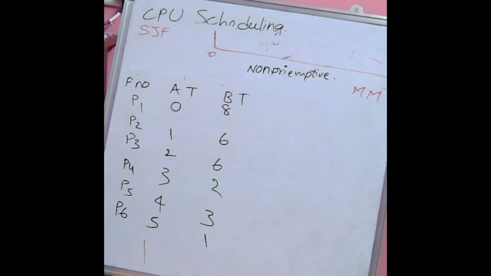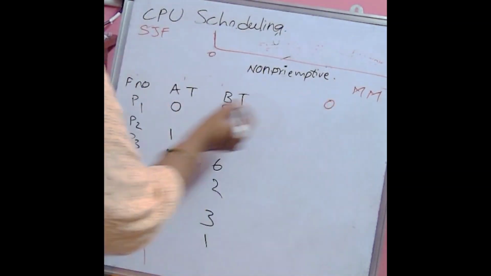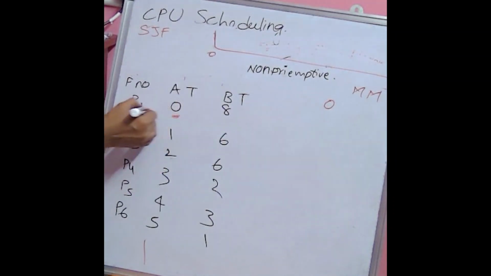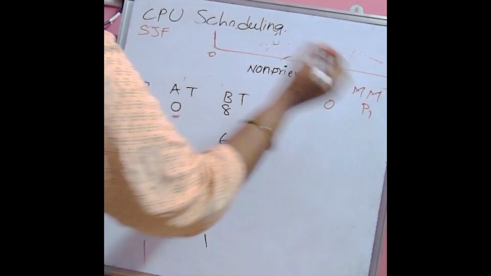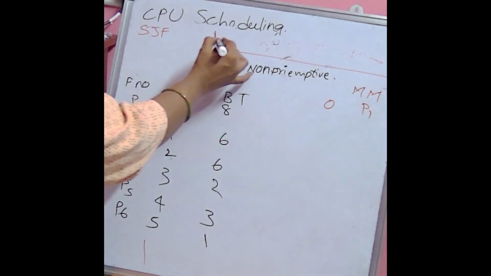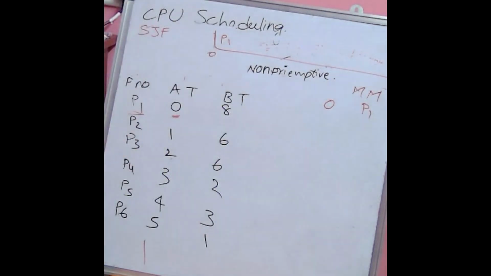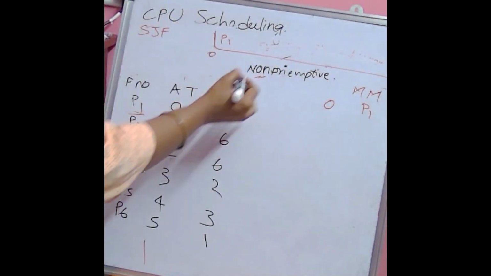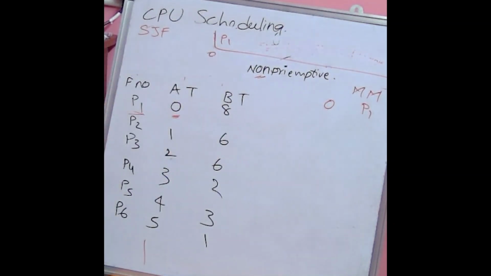At relative time 0, only one process is available in the main memory, so automatically the CPU will allocate to process 1. It started the execution, and according to non-preemptive, till completion it won't deallocate.